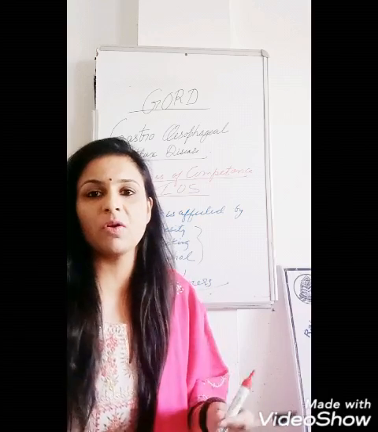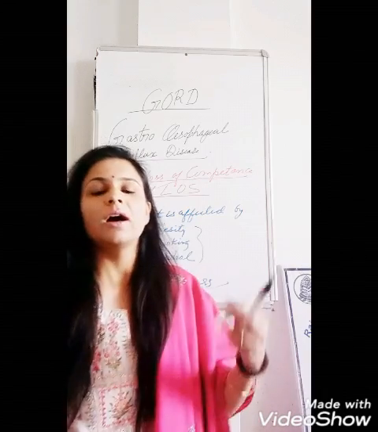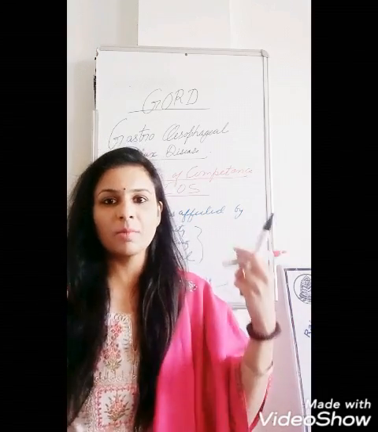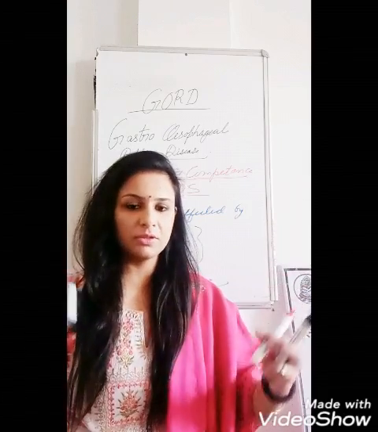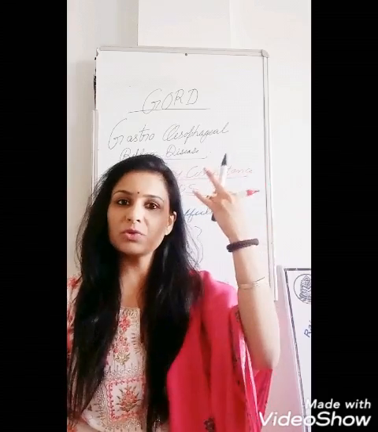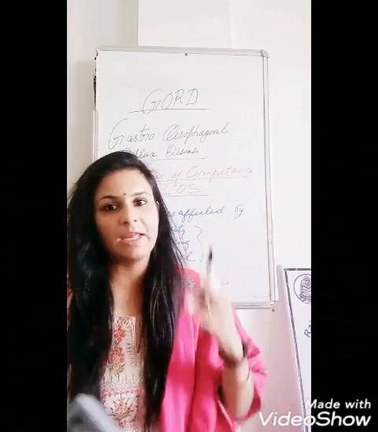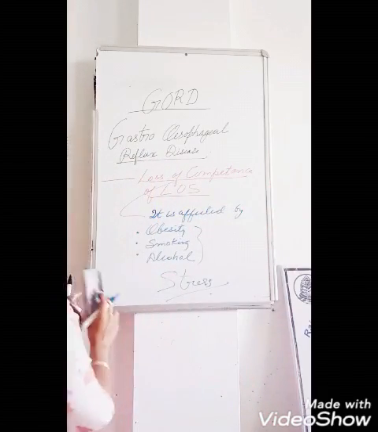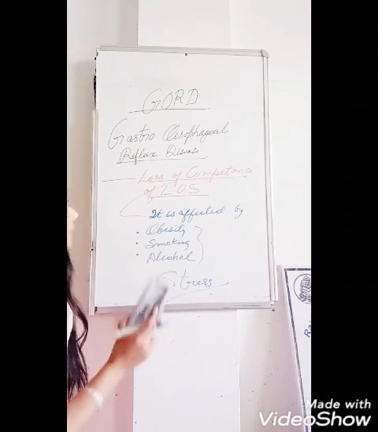So you can add stress in every disease because stress affects our central nervous system, our brain, and every function of the body is controlled by that superior organ, the central nervous system. So you can add stress in every disease.